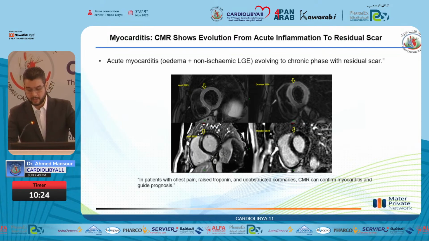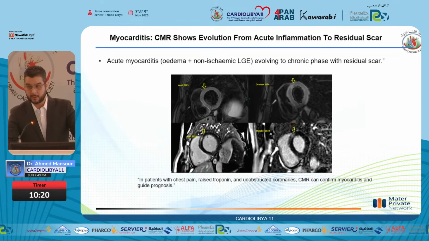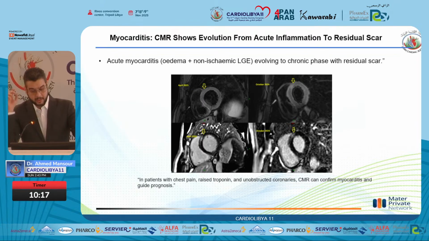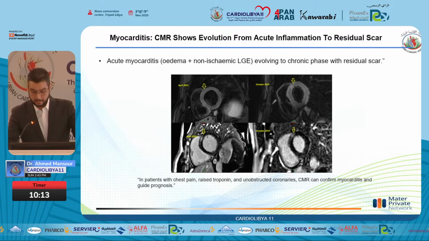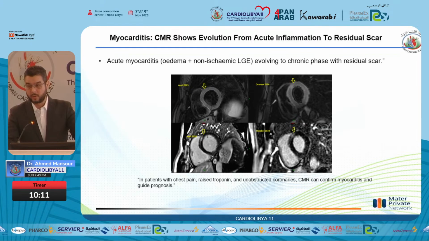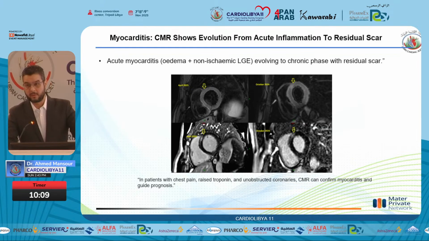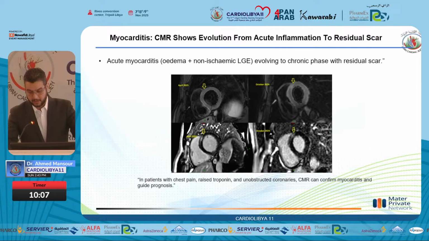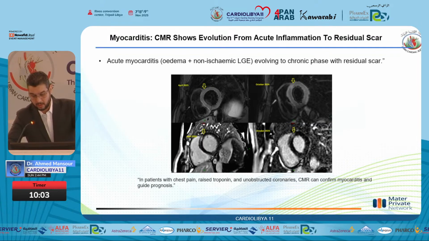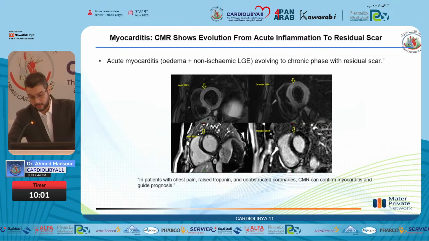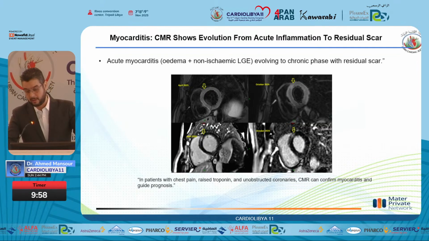But the arrow here is pointing toward a hyperintense signal. So it could be fibrosis, infarction, or inflammation. But with the presence of edema, we know that there is something actively happening here. So it's either an acute or subacute infarction, or an inflammation, myocarditis.